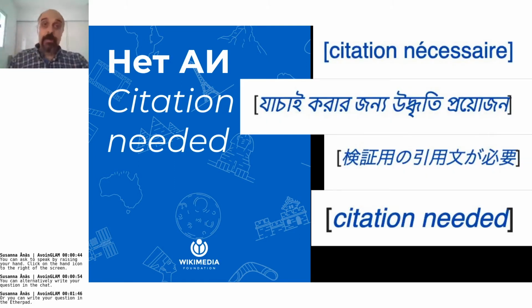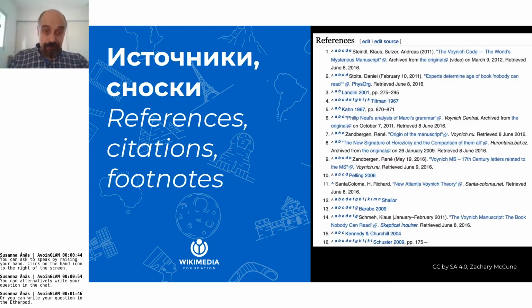Another very famous example of a template is citation needed. A very iconic thing, it exists in many, many languages. Here you can see Russian and English and French and Japanese and Bengali. It exists in many, many other languages. And one final example is formatted references.